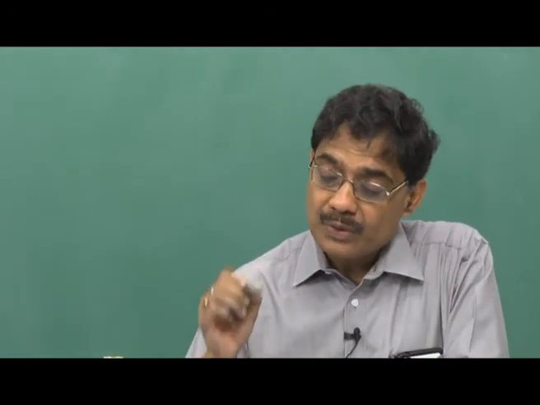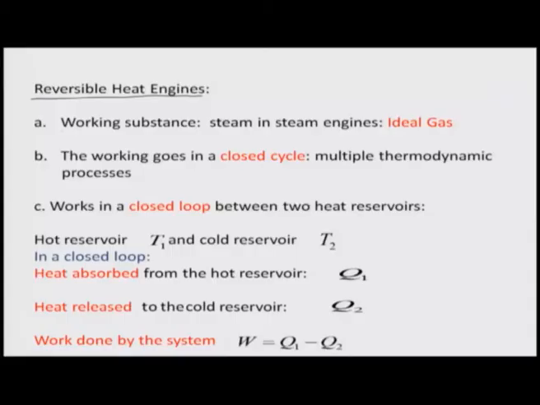So, what do we mean by engine? An engine has a working substance. For example, I gave you the example of the steam engine. Steam in a steam engine is the working substance. But in our case, we have calculated work done from ideal gas in various thermodynamic processes, so we will consider ideal gas. It works in a closed cycle. What does it mean?